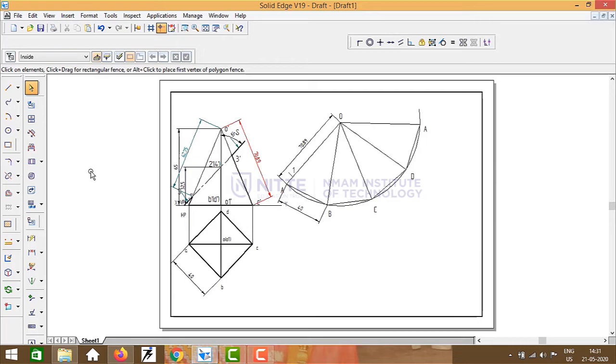So we will take this height 2 dash 4 dash horizontally from O dash B dash up to the true length line, which is nothing but O dash C dash, or you can take it towards O dash A dash also in this case. I'll take both the points, because even for OD it is the same procedure.